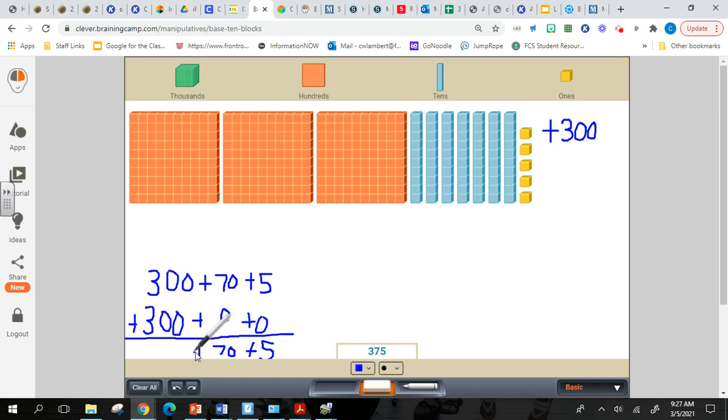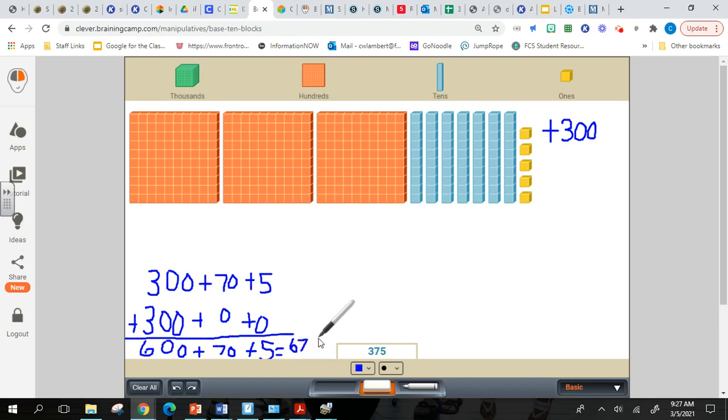Well, what is 300 plus 300? Remember our if-thens? We knew that if 3 and 3 is 6, 300 and 300 is 600, which makes 675.